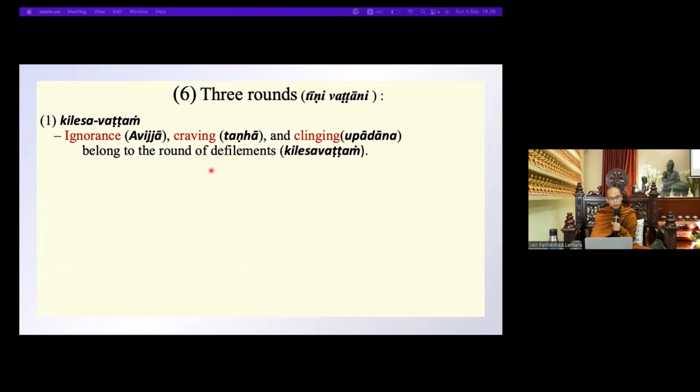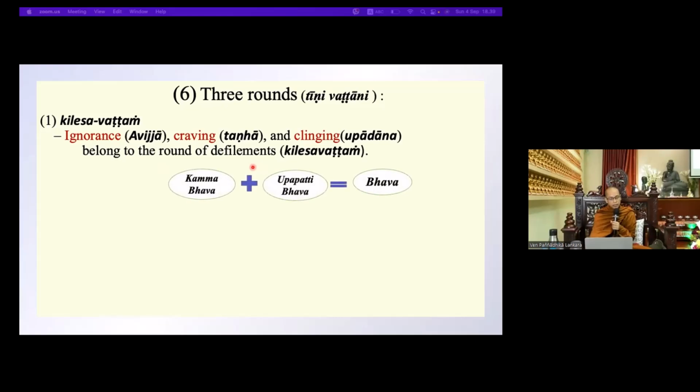The first Vata is called the Kilesa Vata. Among the 12 factors, Kilesa Vata is ignorance, craving, and clinging. They are identified as the unwholesome mental factors included under the name of Kilesa. That's why they are called Kilesa Vata, belonging to the round of defilements.